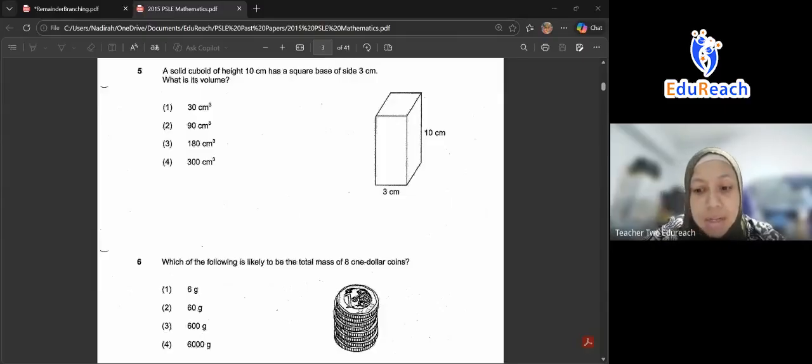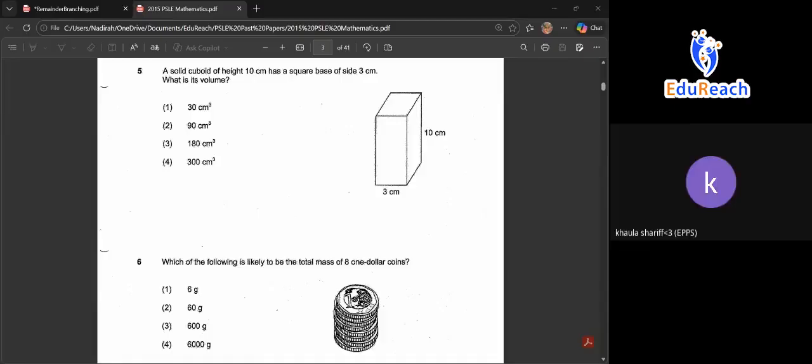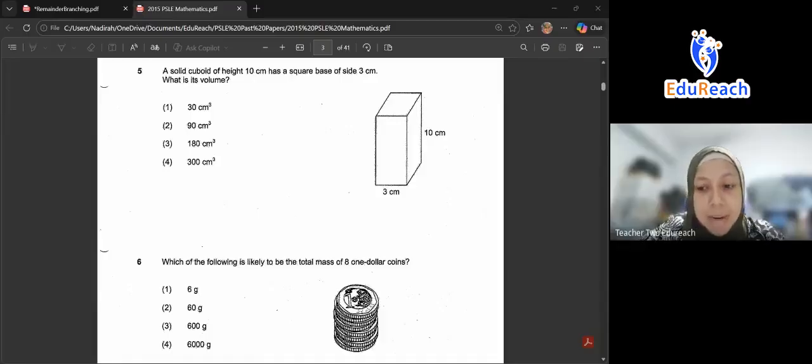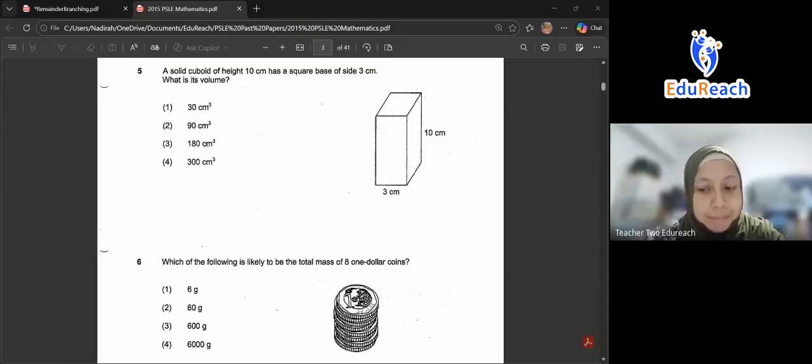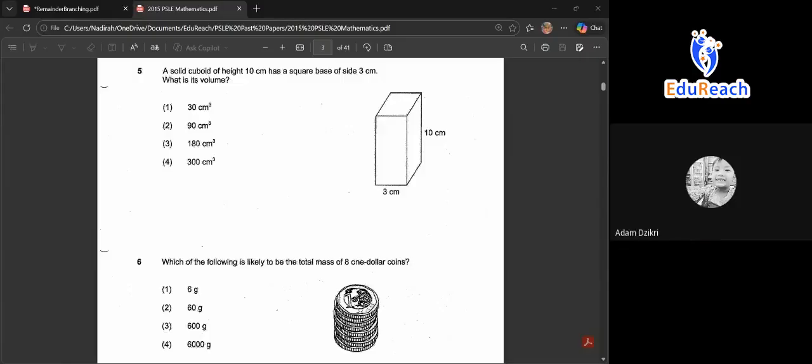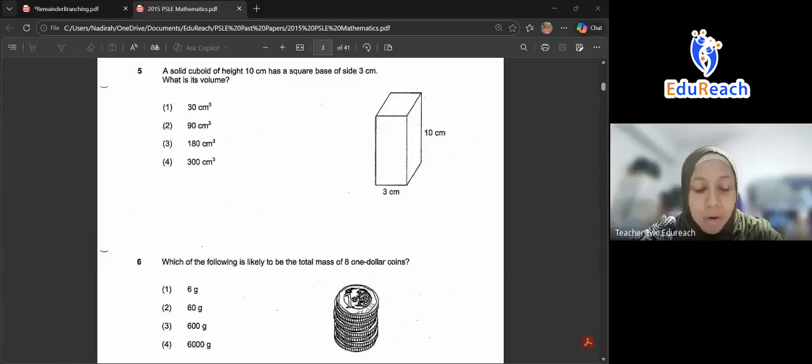You can get ready on the chat first, but don't press enter. I can't see the numbers that I type because my screen is too small. Alamak. Just now you managed to type though. Okay, you hold on.